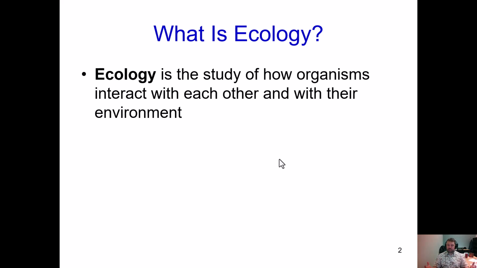The difference with environmental science is that often environmental scientists have a sociology, psychology, political, economical slant to a lot of their questions. Like, how do we make policies around this? How does society benefit from this?